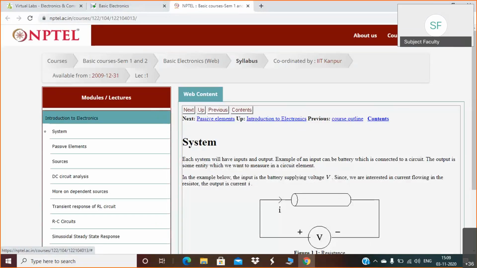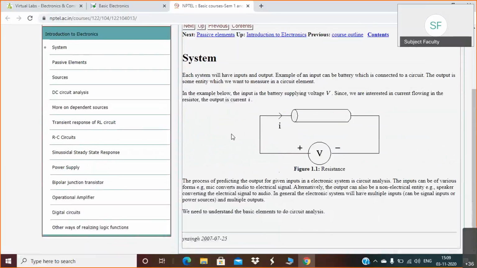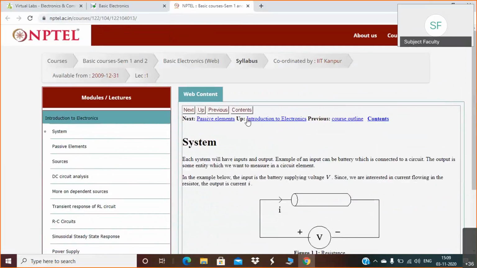Okay. So after clicking on that, NPTEL, this window is generated. It is also available on YouTube also.